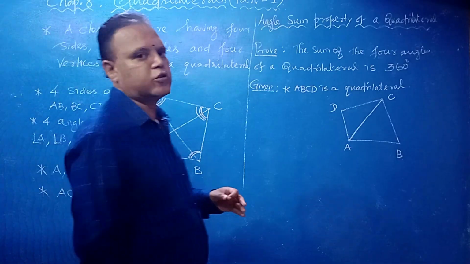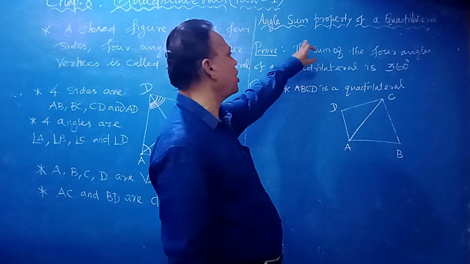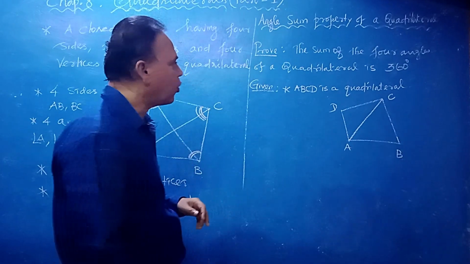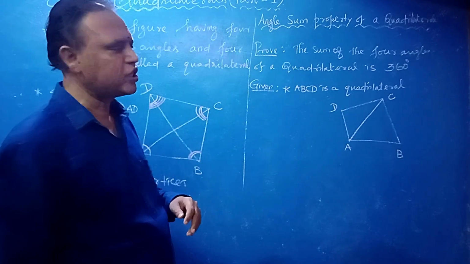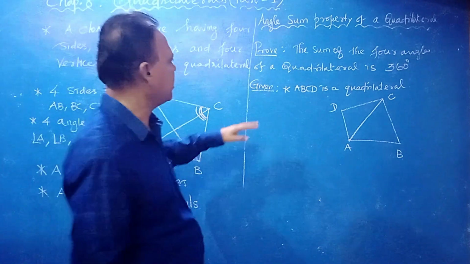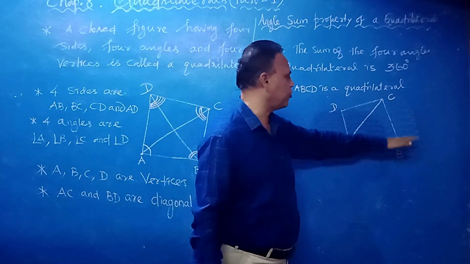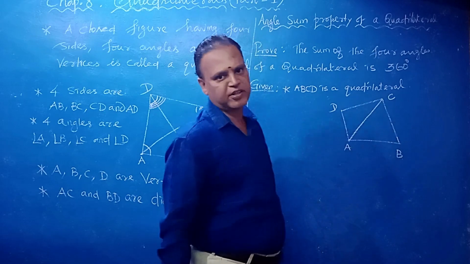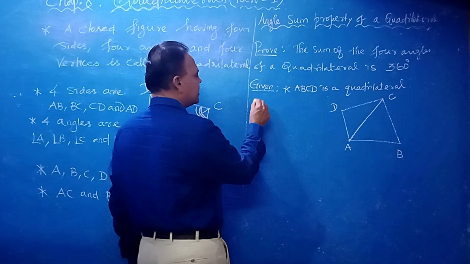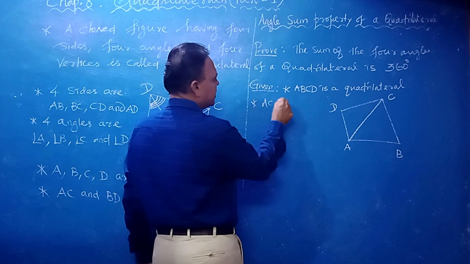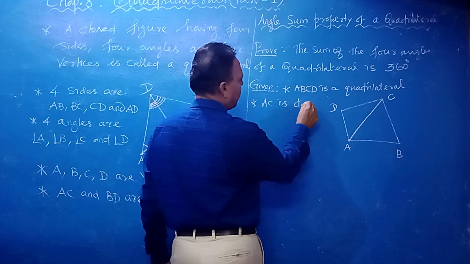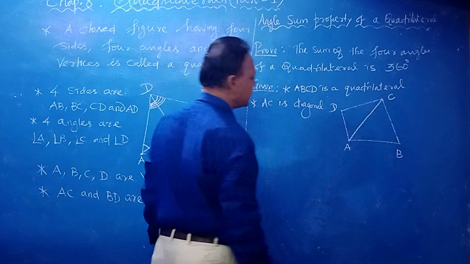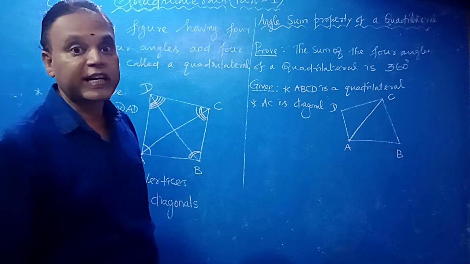Now see the angle sum property of a quadrilateral. Prove that the sum of the four angles of a quadrilateral is 360 degrees. Given: ABCD is a quadrilateral in which AC is a diagonal. You take only one diagonal, either BD or AC, so that you get two triangles.